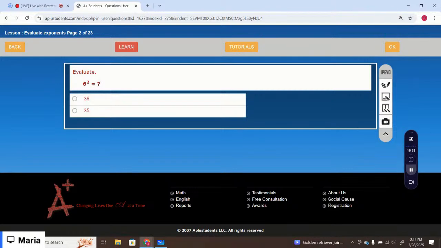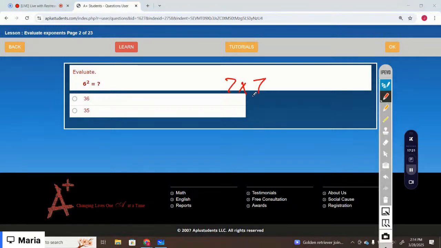Evaluate 6 squared. 6 squared equals 6 times 6. 6 times 6 equals 36.